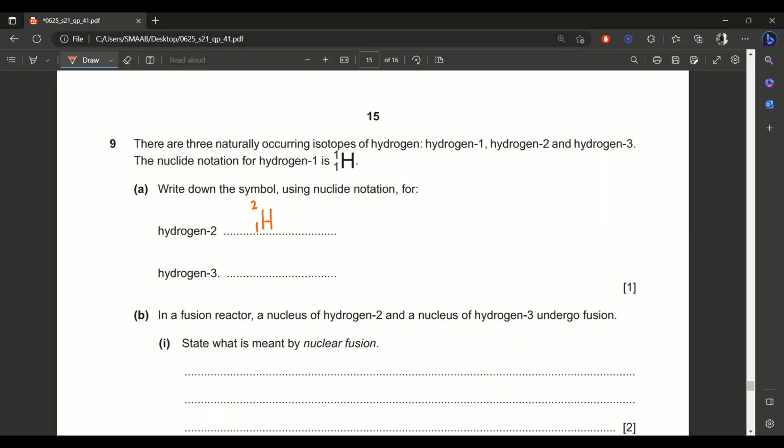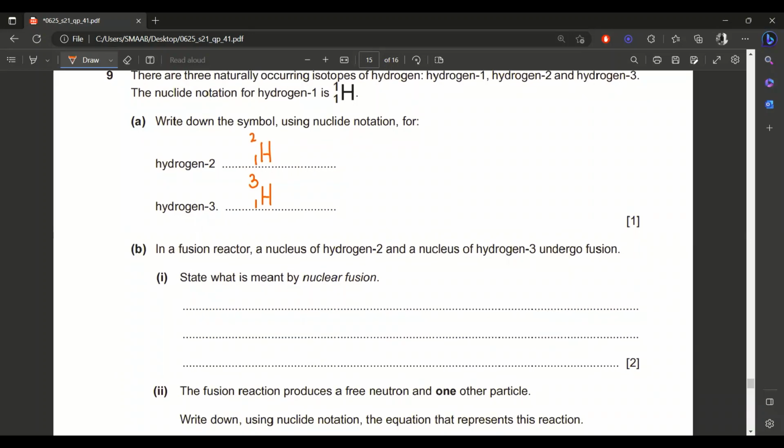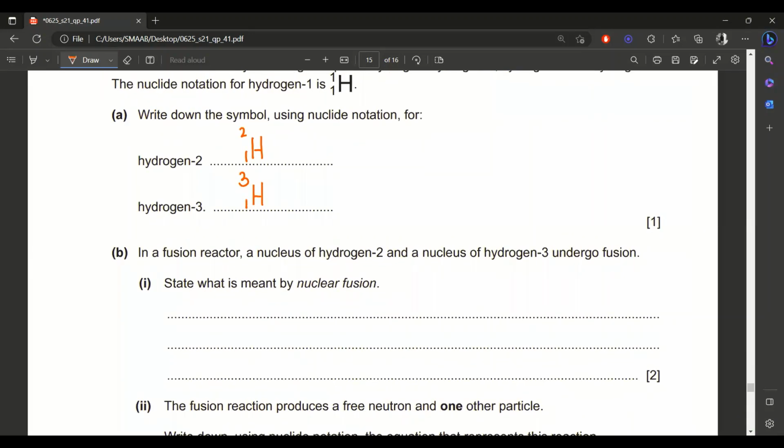And for hydrogen 3, that will be 1H3. There are two neutrons in hydrogen 3 and one neutron in hydrogen 2.